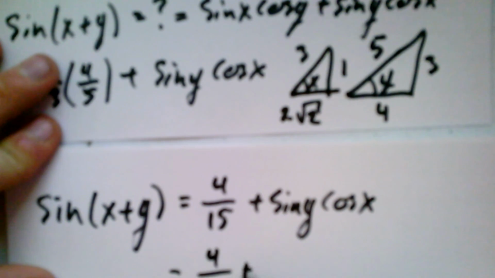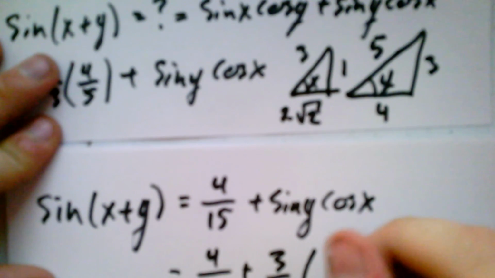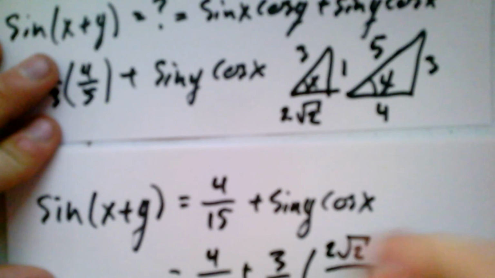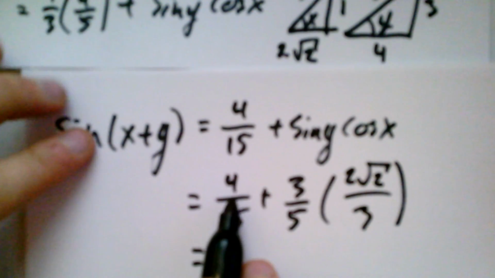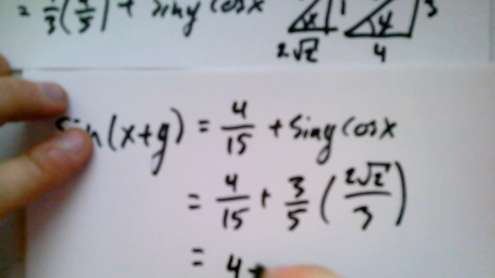So 4/15 plus 3/5 times cosine of x. Cosine is the adjacent over the hypotenuse, so that's going to be 2 radical 2 over 3. So we get 4 plus 6√2 over 15.